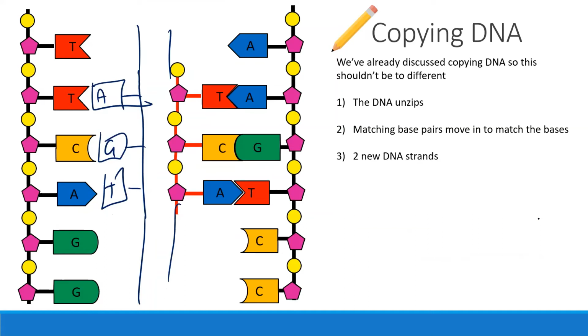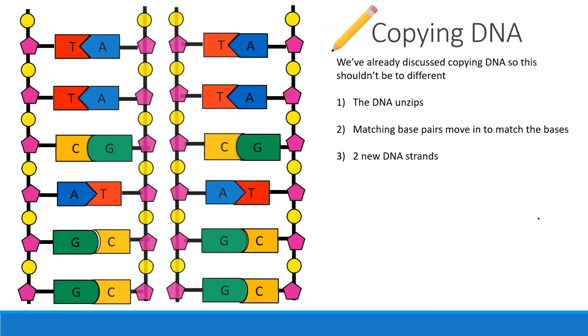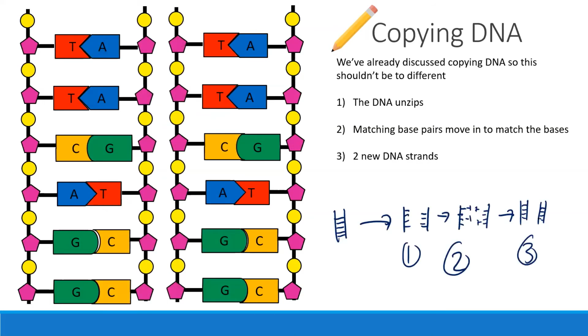They start to move in, and they start joining together. And as they join together, they then eventually lead to a whole brand new copy of the DNA. All of these here have moved in and clicked into place. It's pretty much like Lego. This bit only fits with this bit, it snaps into place.